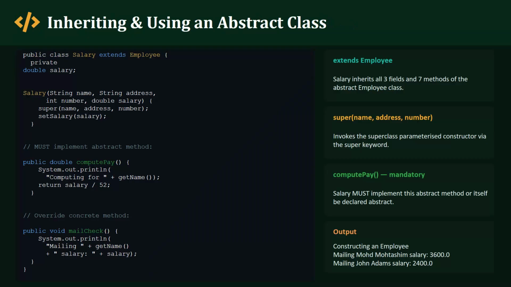Let's just look at the second thing: inheriting and using an abstract class. How do you inherit and how do you use an abstract class? So, I want you to write that code as an implementation of that. Okay, we can do that.